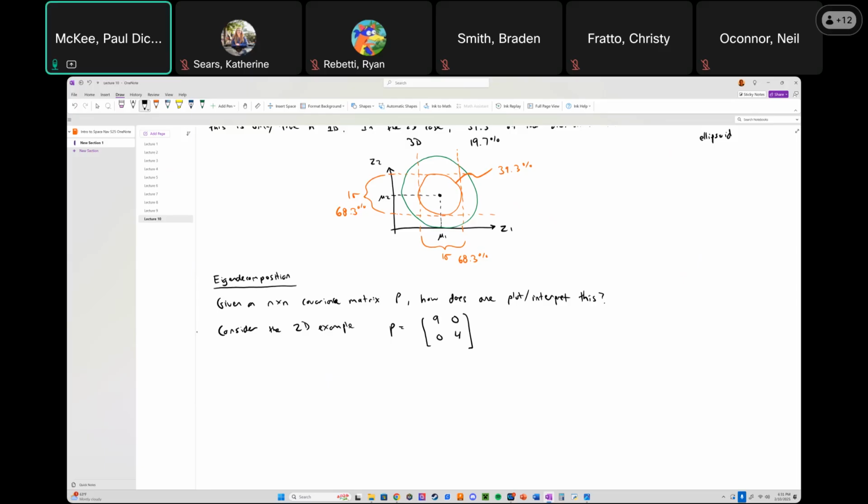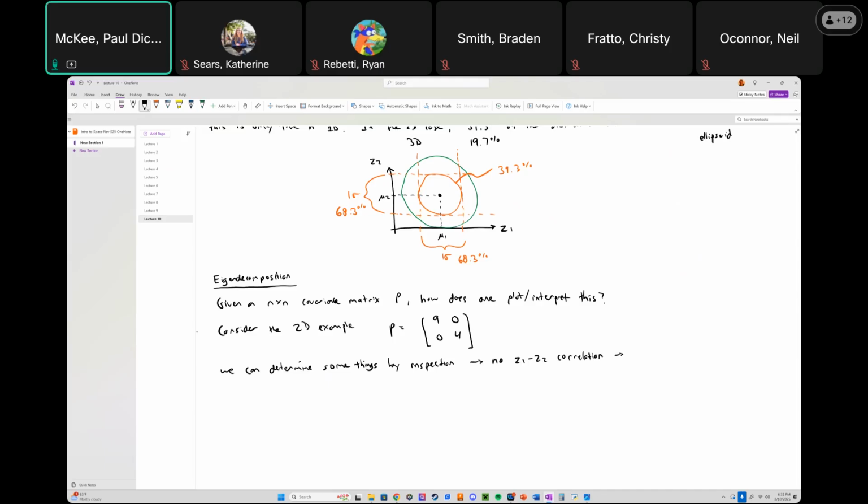So we can determine some things by inspection. First of all, there is no Z1, Z2 correlation. The correlation is 0. So what does that mean?